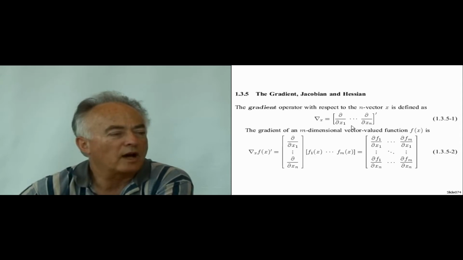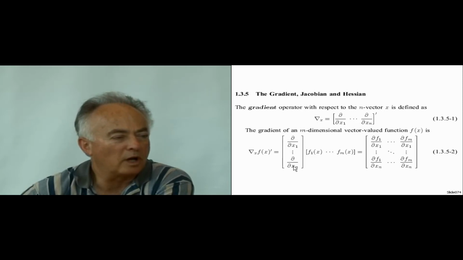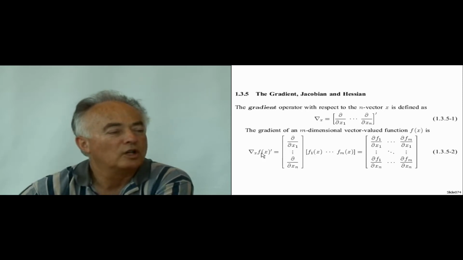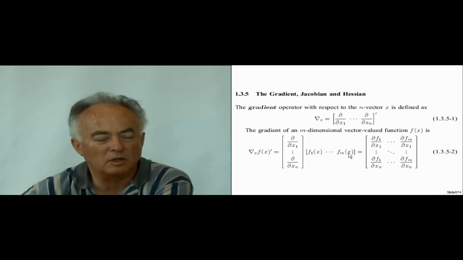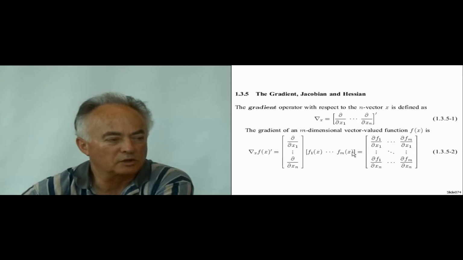So, if I take del x, and this is now a column vector, d to dx1, all the way down to d to dxn, and multiply it with the transposed of a vector f, what do we get? Remember, this is a column vector. You have to multiply it with a row vector to get something meaningful. That's why the need for transposition.